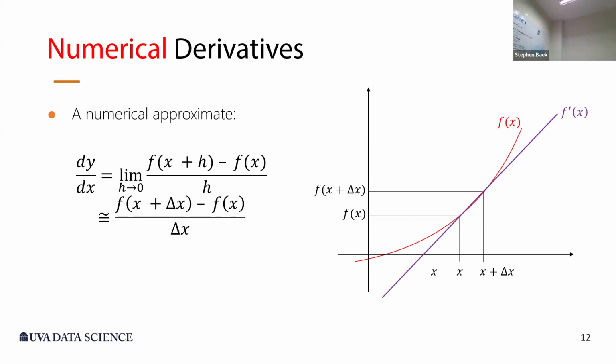Probably the easiest thing is to stick with the original, continuous definition of the derivative, except that because we cannot consider infinitesimal quantities inside of computers, we replace h with a relatively large, but still sufficiently small, segment delta x. And in that case, we can approximate dy/dx using this formula over here.